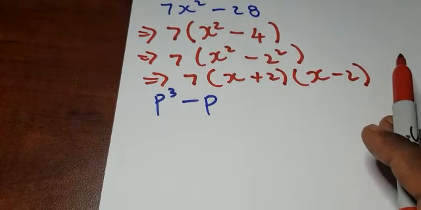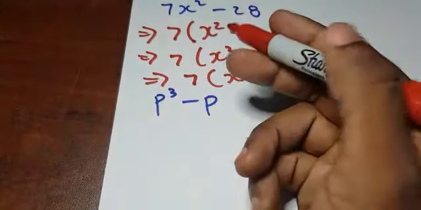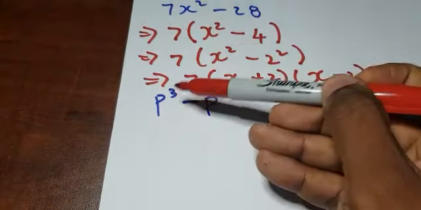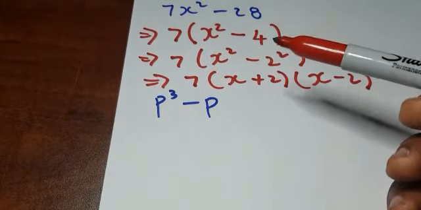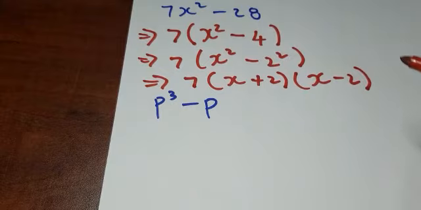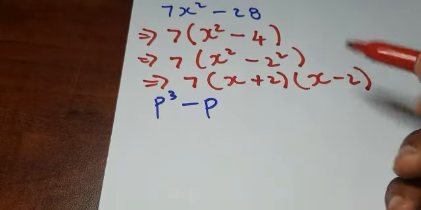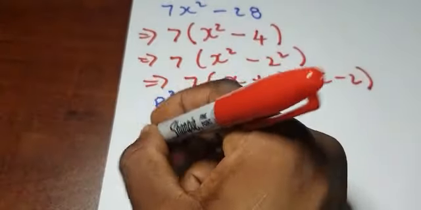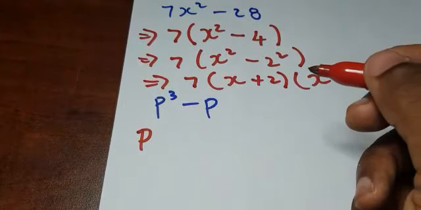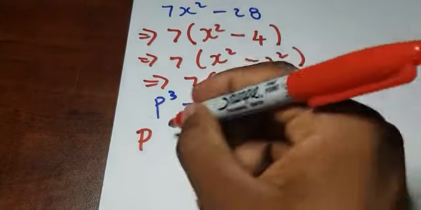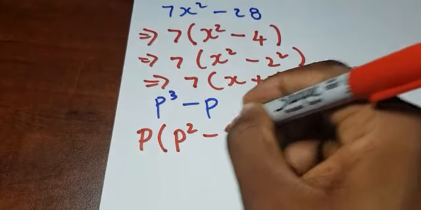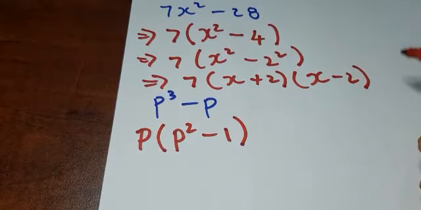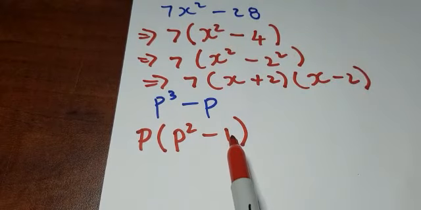Now for our last question, we have a cube. We have been working with squares, so you know what to do. First thing you can do is to put the common factor outside, the highest common factor, which is p, outside a bracket. Now you have p squared minus 1. Now think of this 1 as 1 squared.